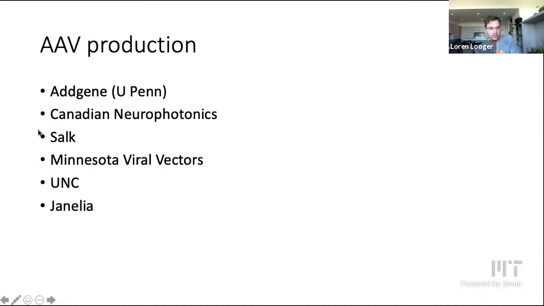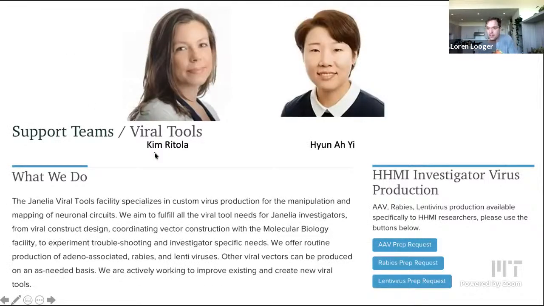And other good ones, just giving shout outs to Salk, Minnesota Viral Vectors, UNC, and then Janelia has a viral core too. That is the brainchild of Kim Ratola. She's moving to UNC to start her own lab, handing it off to Hyuna Yi.